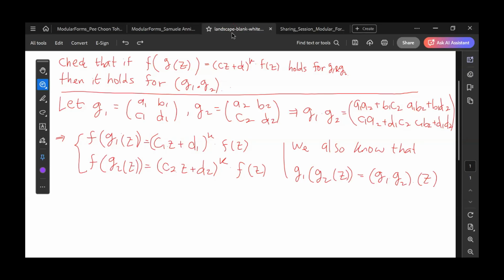Which means that F of E1 times E2 is equal to F of E1 of E2, okay, a lot of brackets here.